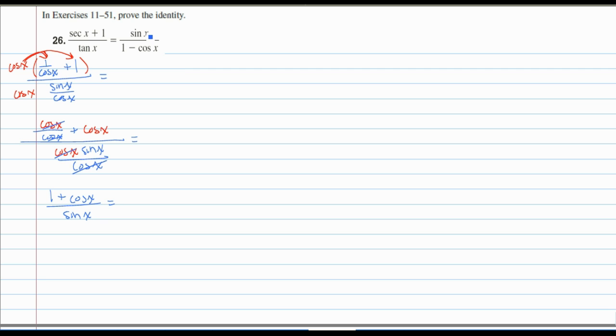Now I'm trying to get sine in the numerator and 1 minus cosine in the denominator. So I have a 1 plus cosine in the numerator, and I need a 1 minus cosine in the denominator. So I see a difference of squares tie-in here. I'm going to multiply both the numerator and denominator by 1 minus cosine of x.